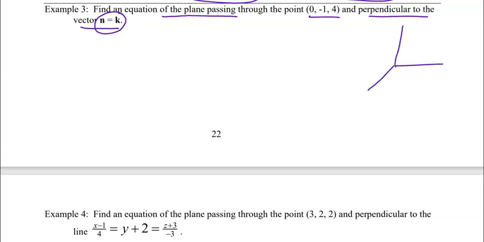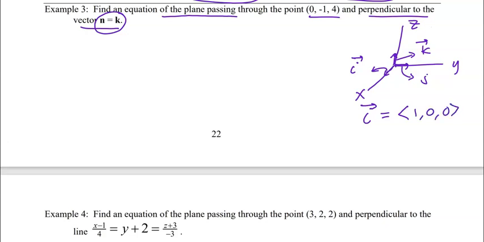Remember that this one is x, this is y, this is z, right? There are unit normal vectors: this one we call the k vector, this one we call the j vector, and this one we call the i vector. The i vector is the standard vector (1, 0, 0), because you have one unit toward x and the others are 0, 0.